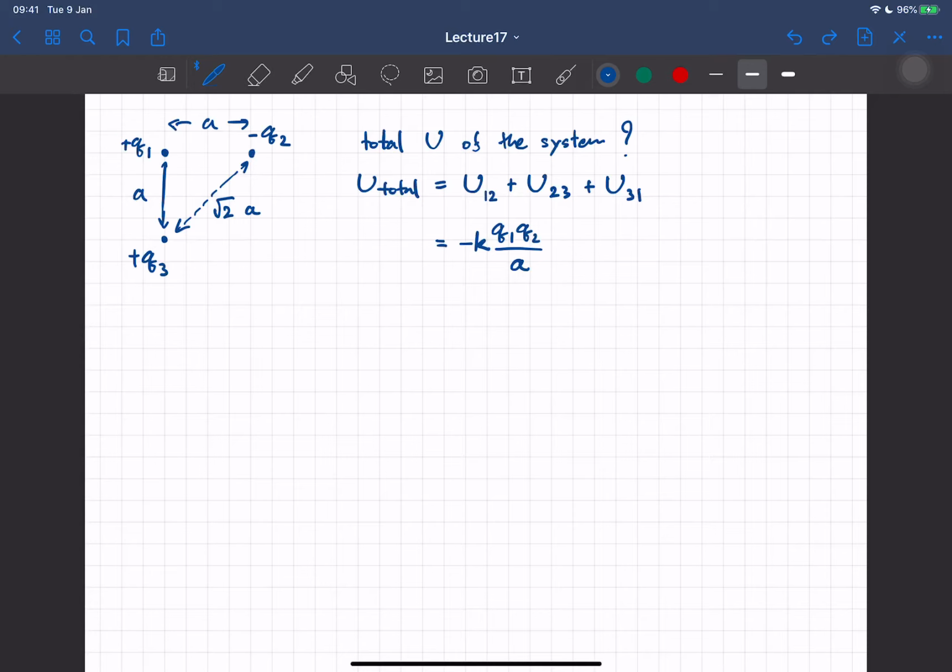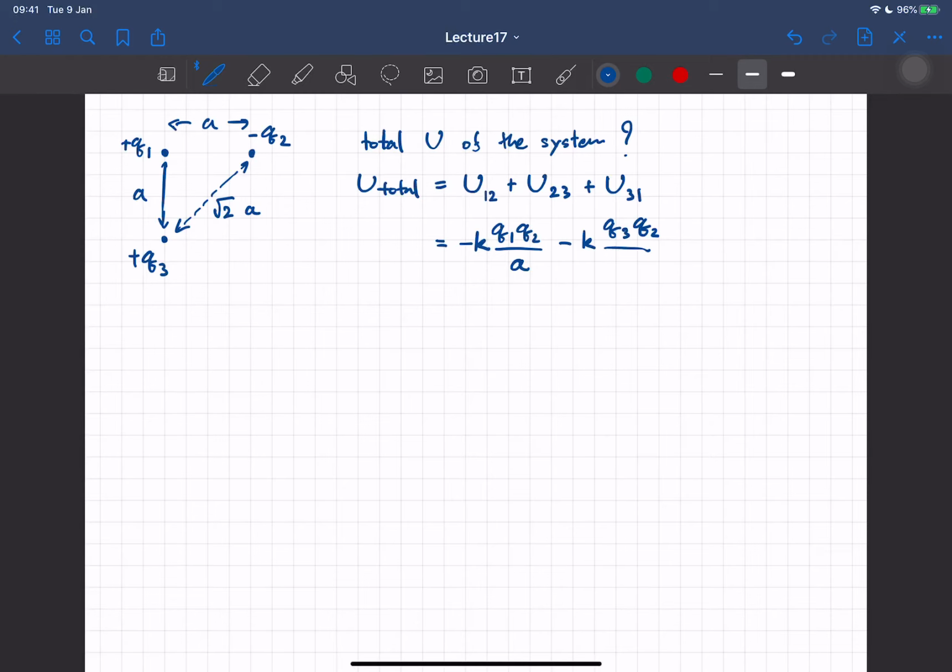So that's the first pair, 1, 2. 2, 3 is this pair. The potential energy is also negative because Q2 is negative, Q3 is positive. So you're going to have negative K, Q3, and then Q2.